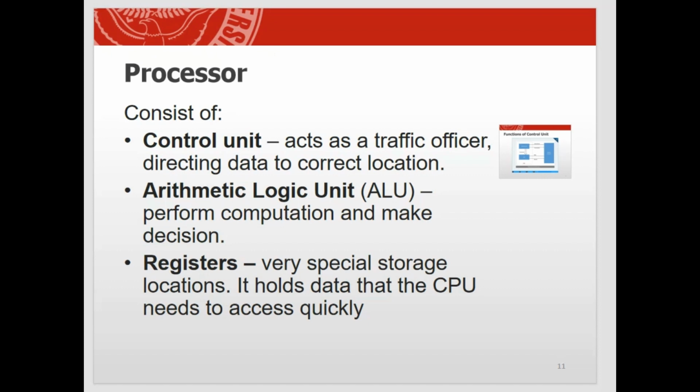For instance, kapag si ALU is nag-command siya to calculate A times (B plus C). Okay, again, let me write it down na lang ha.